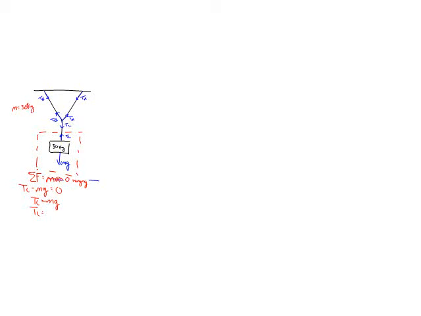This is 40. This is 30. So this is 30 times 9.8, which gives me like 294, something like that. So that gives me one of my tensions. Nice and quick. That one's easy.